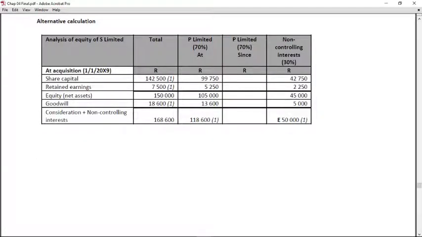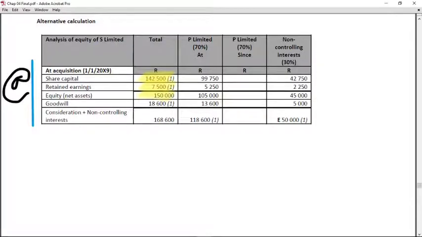The first section of the analysis of equity looks at everything that happens at acquisition date, and the purpose behind this section of the calculation is to help you to write your at acquisition consolidation journal entry. So what are we working with here? We have the at acquisition equity of the subsidiary, and because equity equals net assets, that is my value of the business of the subsidiary, fairly valued.